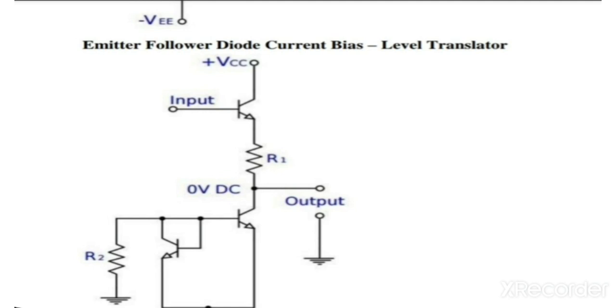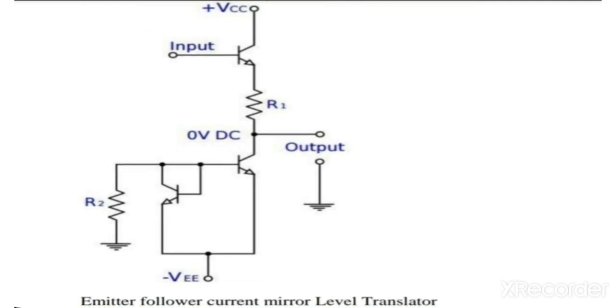This is a circuit diagram of level translator where R2 has been replaced by a diode constant current bias. This provides better stability to the circuit. And this is the circuit diagram of a level translator where R2 has been replaced by a current mirror.